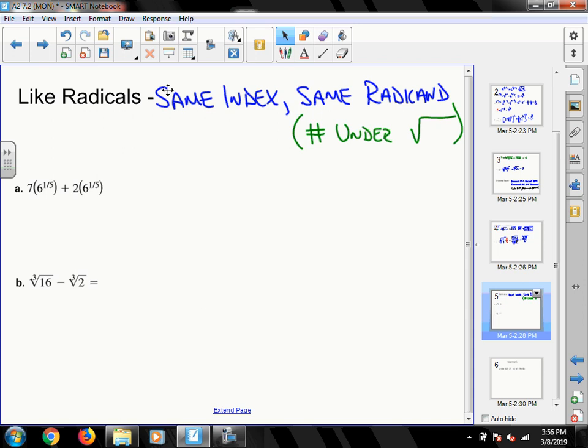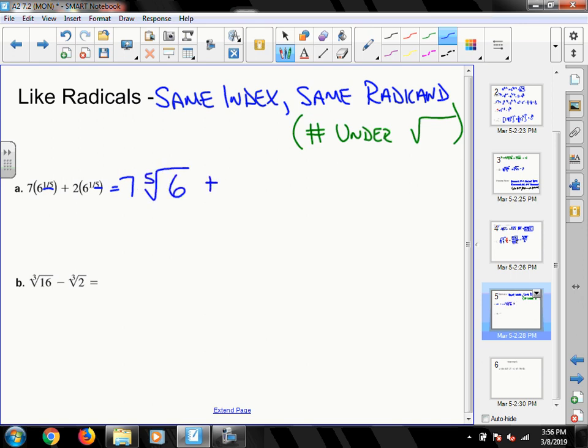Now, you're probably saying to yourself, how can I simplify this? I don't have any square roots or roots at all. So, remember, 1/5 power means I'm going to take the fifth root. So I'm going to have 7 times the fifth root of 6 plus 2 times the fifth root of 6.